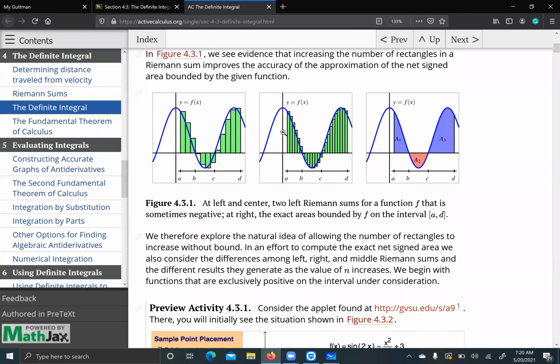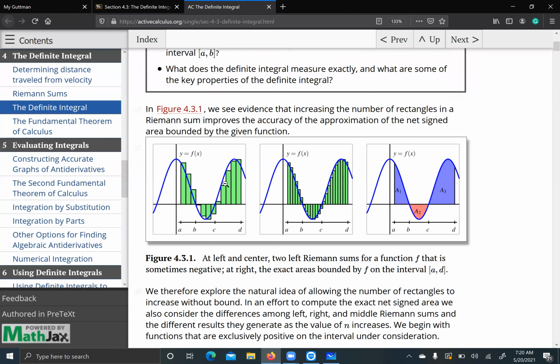Okay, so let's look at this figure. You see three figures, but all of them are about the same thing. We have the curve. The blue curve is the graph of function f of x, and then we are looking at the area under the curve from A to D. And as you can see in the figure on the left side, we used some rectangles.